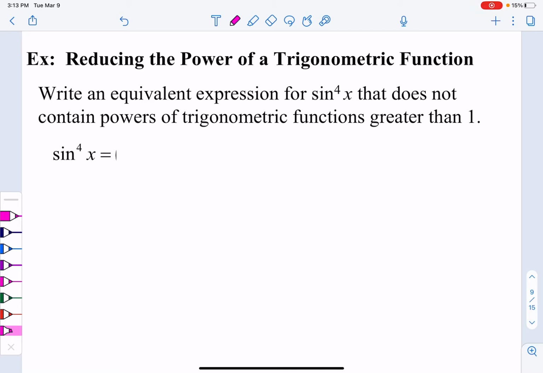So if we have a sine of x to the 4th, technically, sine 4 of x, that means we want to start by breaking this down into, if I have a 4th power, I can break this into a squared, sine squared of x, but call that a squared, because a squared is a 4th power. Now, if I have a sine squared x, we can take this and replace that with a 1 minus.